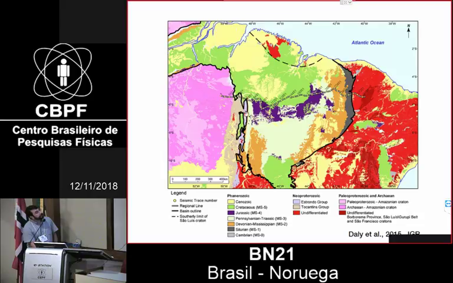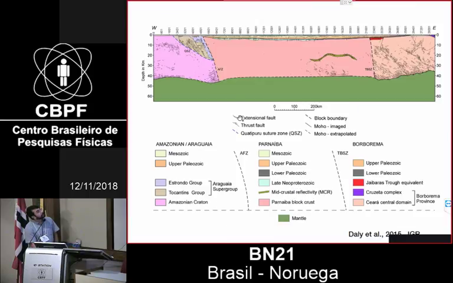And we have for this region also some deep geophysics. So we have here the paper by Daly in 2015, together with the colleague Suarez. That's a seismic reflection, and it shows here the zone we were studying at the surface.